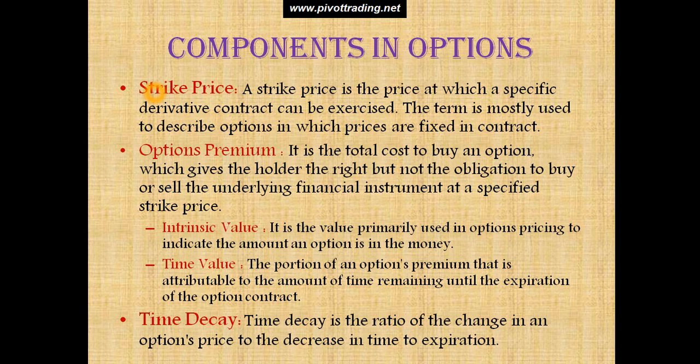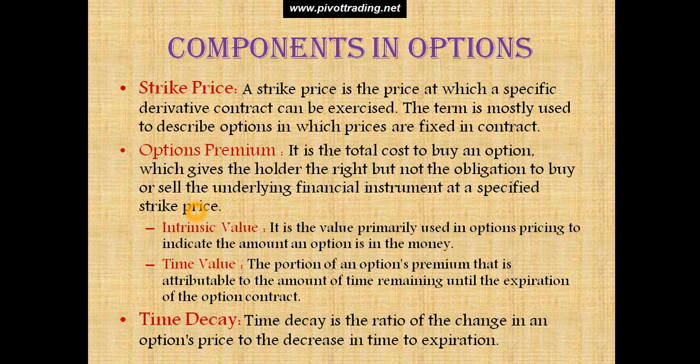The next component is called the options premium. It is the total cost to buy an option, which gives the holder the right but not the obligation to buy or sell the underlying financial instrument at a specified strike price. Let me break this up for you.